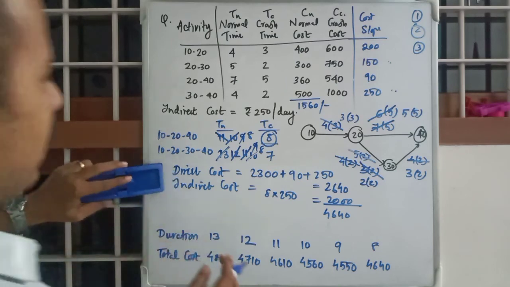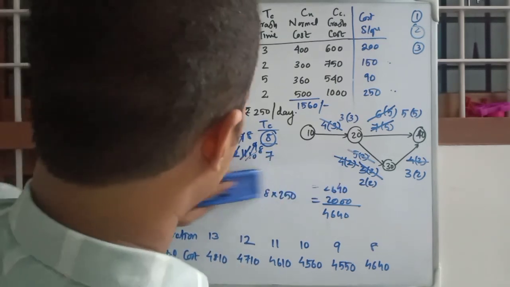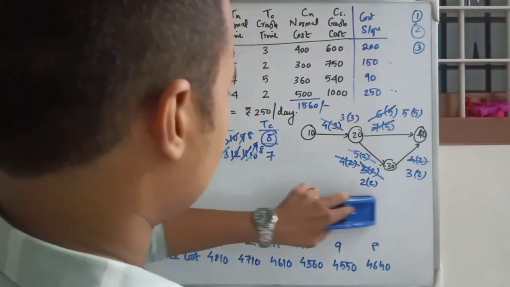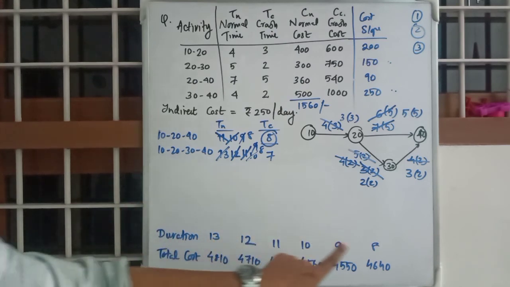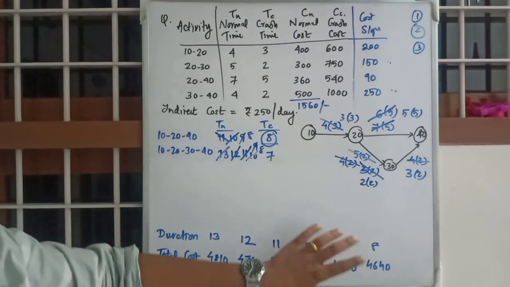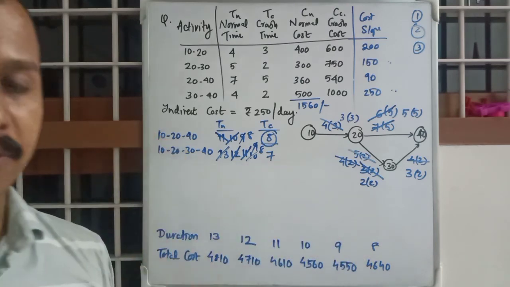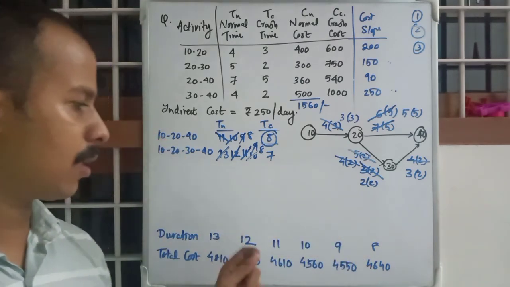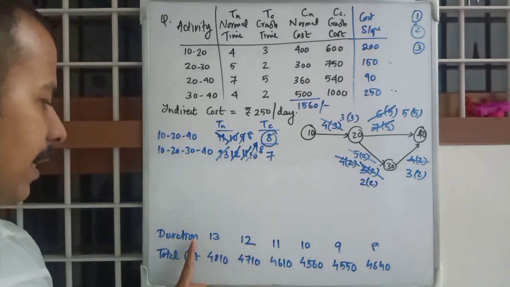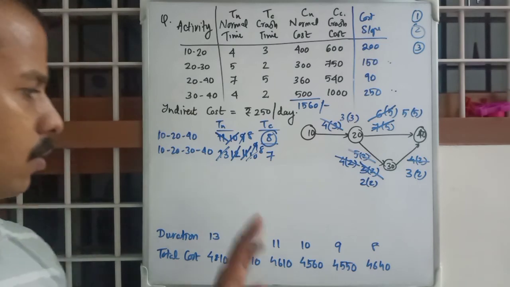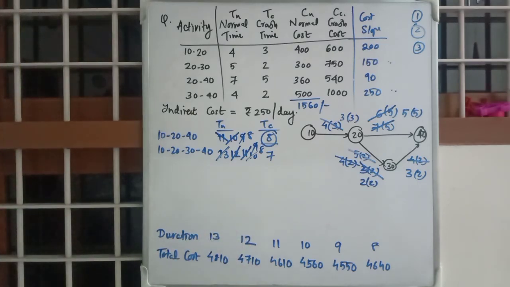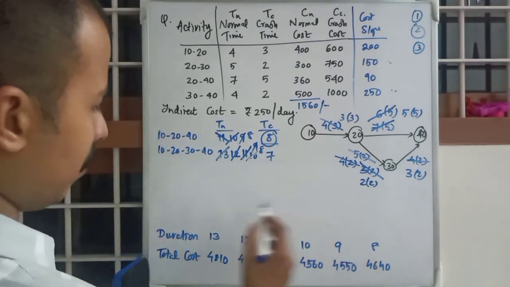Okay, so we have calculated the corresponding total cost with respect to durations from 13 to 8. Now if you want, you can draw a graph. In the question, if you are asked to draw a graph, you can just take these as the x coordinates and these values as the y coordinates. Right now we don't need to do that. You will just take the minimum of total cost.